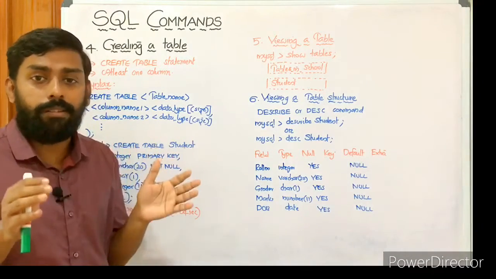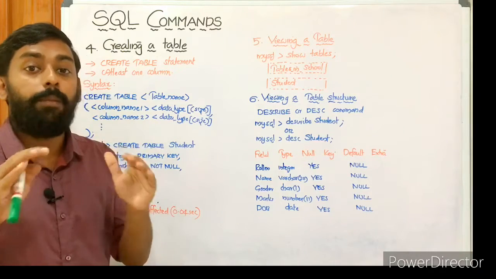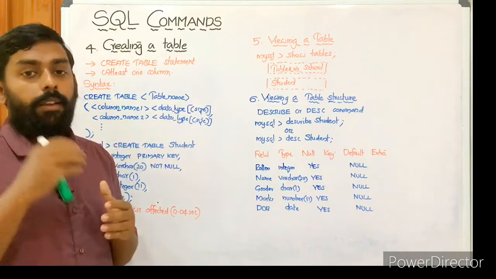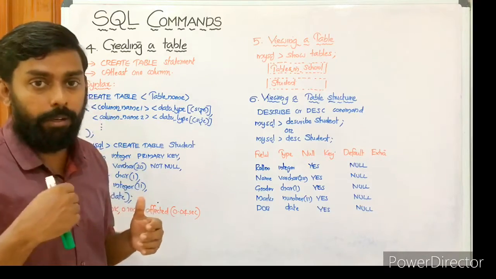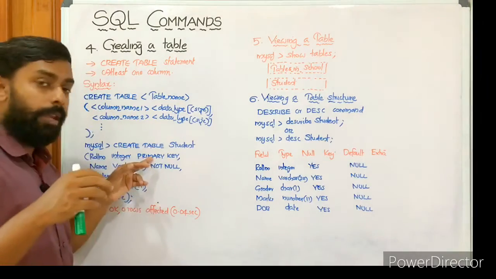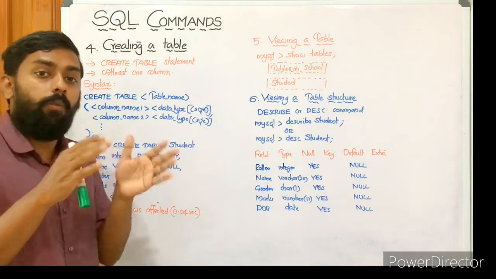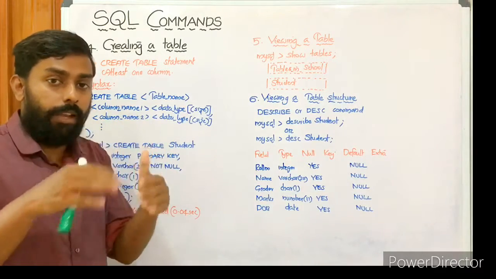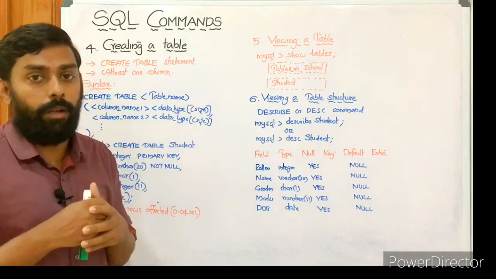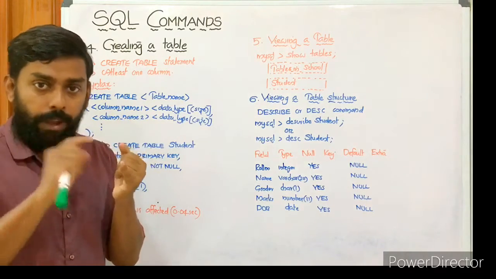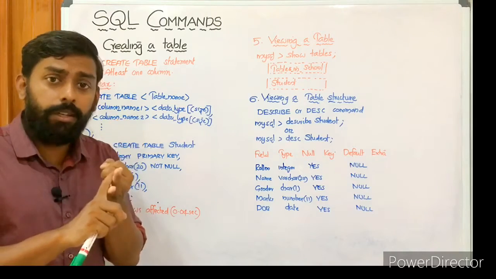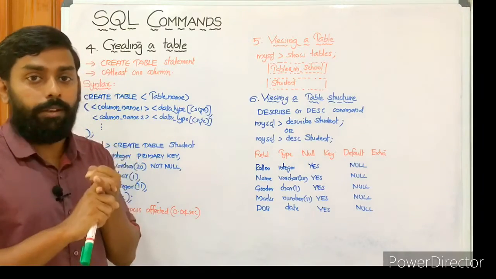What actually are constraints? Constraints are the means by which we can prevent invalid data entry into a table. When we say primary key, it cannot be left empty, meaning it cannot be null, and it cannot have duplicate values. We cannot have a null value, meaning there must be a value, and the value must be unique.